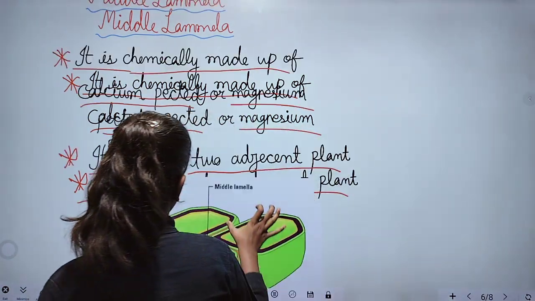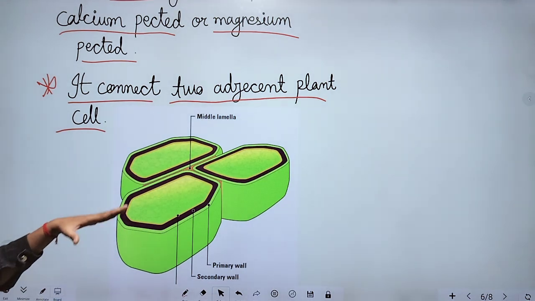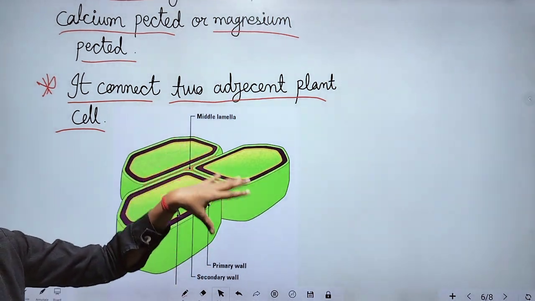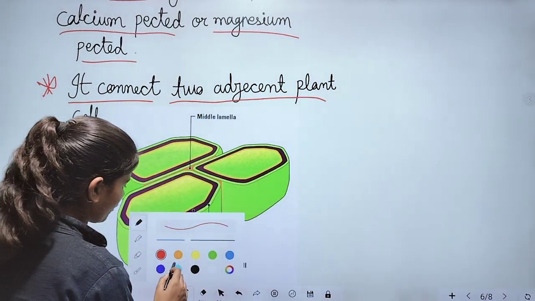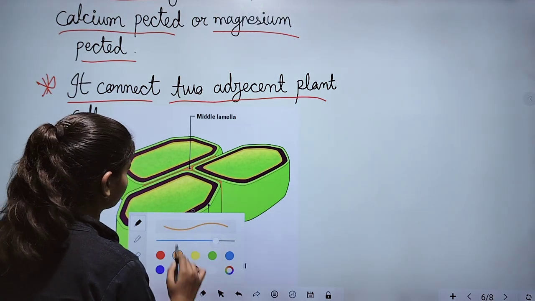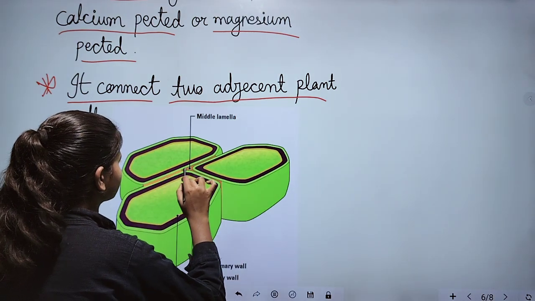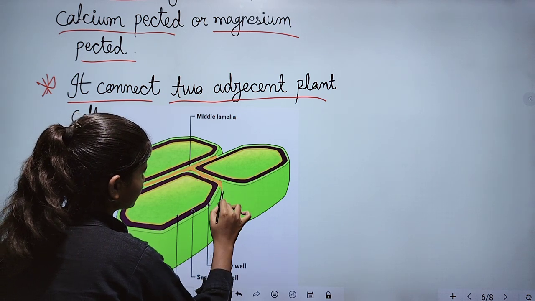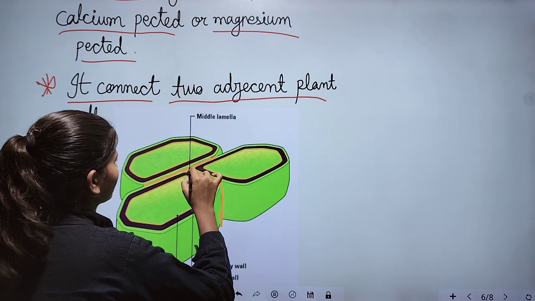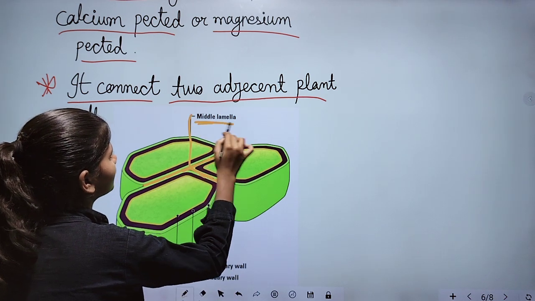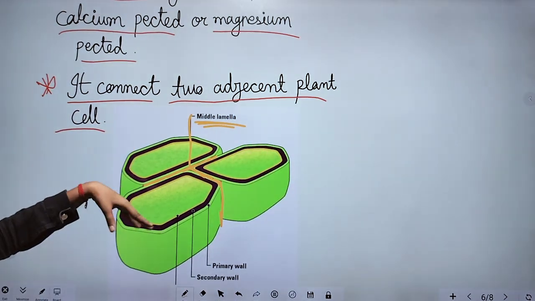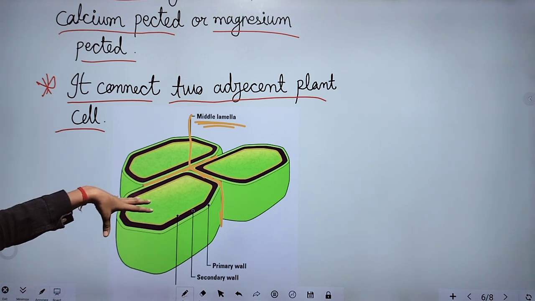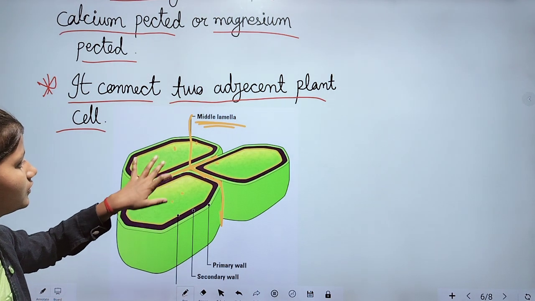Here you can see in the figure that the middle lamella connects adjacent plant cells. This orange part, what is it? The middle lamella. It connects adjacent cells.